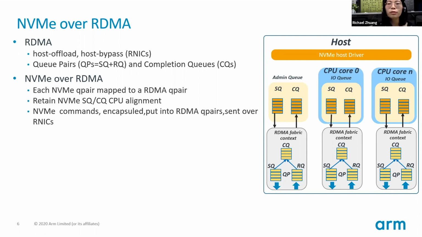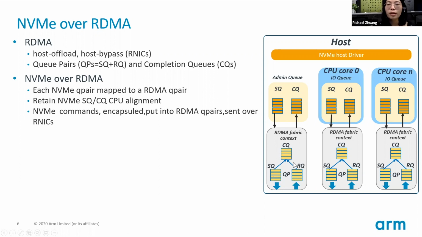Similar to NVMe queue pairs, applications communicate with the RDMA NIC using dedicated queue pairs, which include the send queue and the receive queue, and it also requires completion queues.